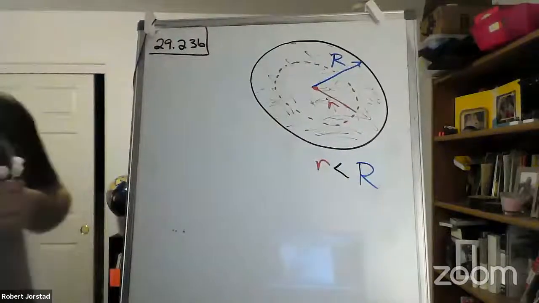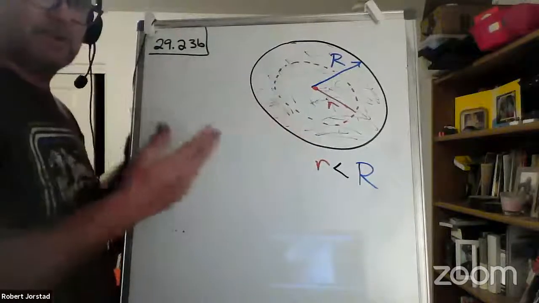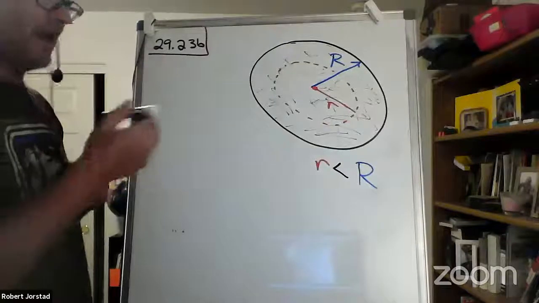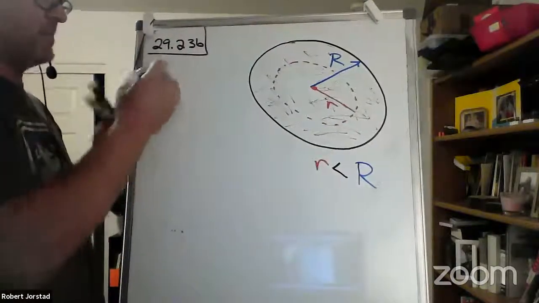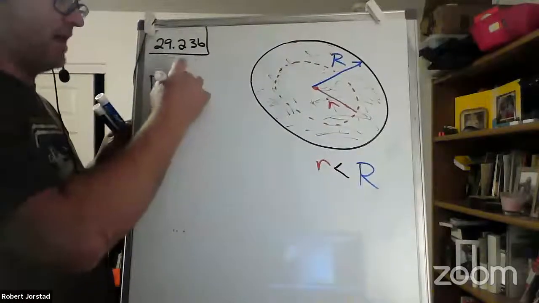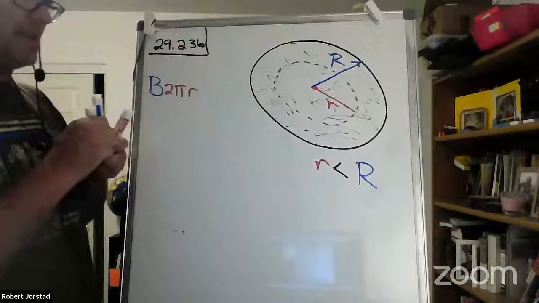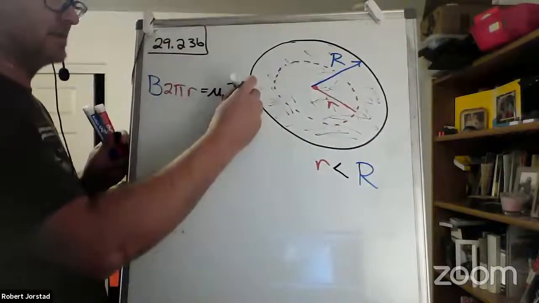Okay. I know from experience, by symmetry, because there's so much symmetry here, rather than do that long process again, I can start with this. B times the length around the loop, which is 2 pi r, should equal mu naught I enclosed.